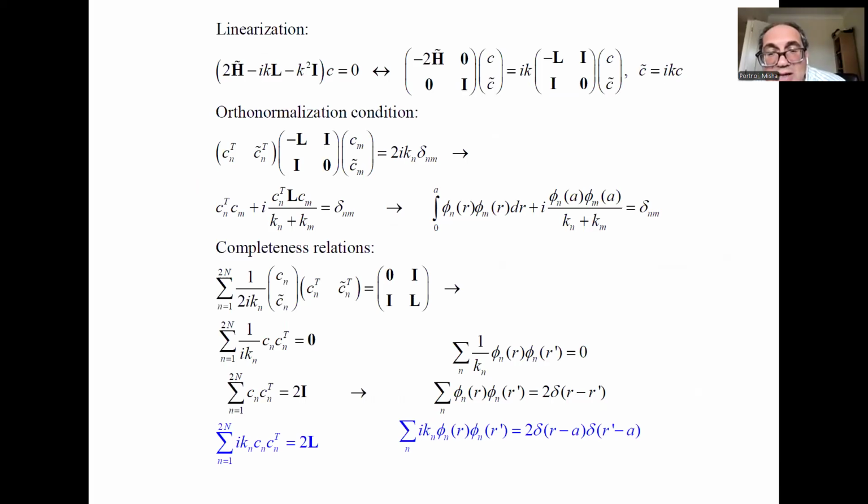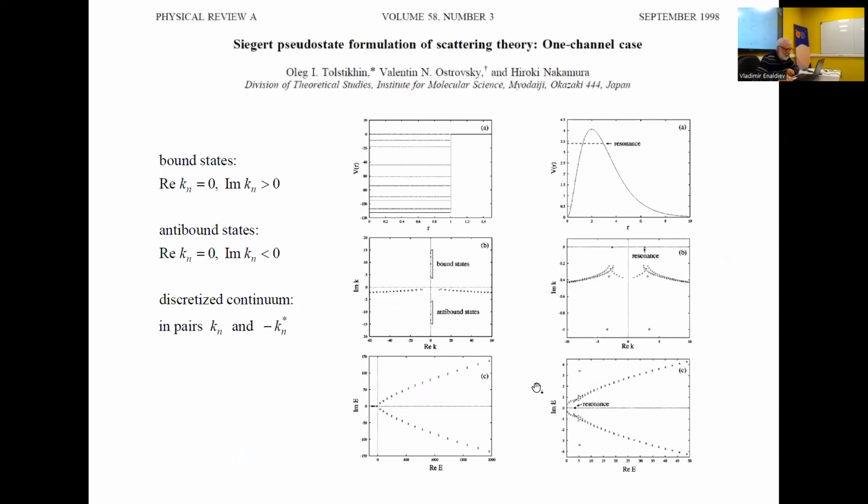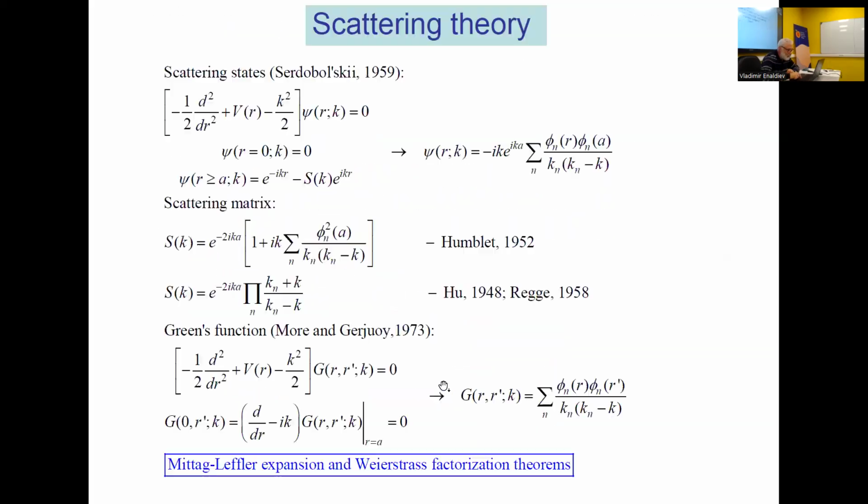Did you check your formalism on this? Yeah, of course. I show here only a set of Siegert states, but using formulas like this, expressed in terms of these Siegert pseudo states, I reproduce scattering characteristics in the paper: all scattering cross section, phase, everything. I just skip this because these formulas are all correct.